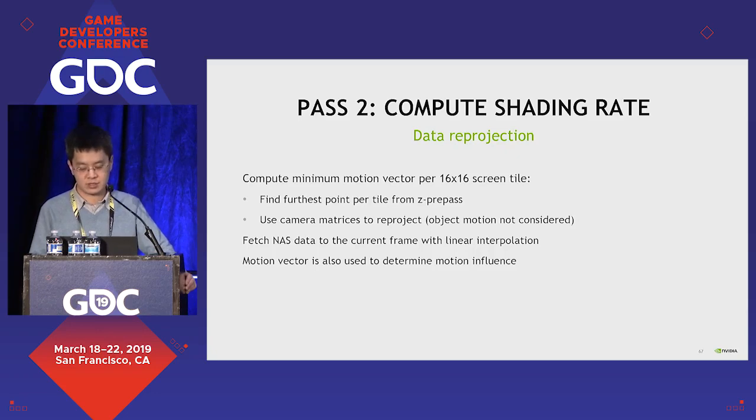This doesn't consider dynamic objects, but for a conservative estimate, it works well enough. With this vector, we can fetch the data we computed from the previous frame, and we also use it to determine the motion influence for motion adaptive shading.